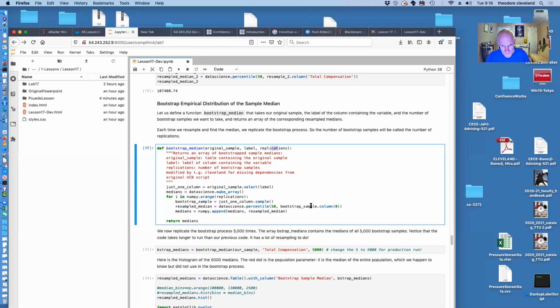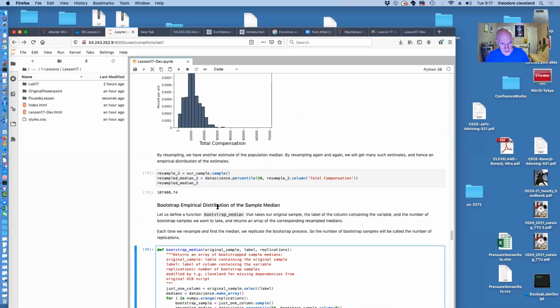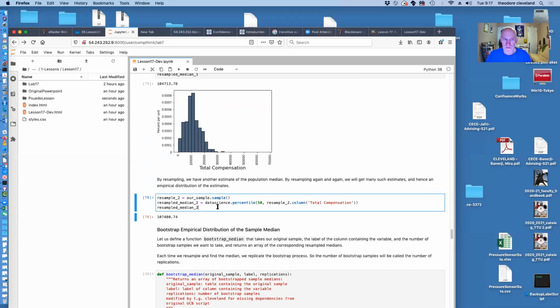And then in bootstrap, we'll take the 0th column, we'll find the 50th percentile of that, and we'll assign it to a value called resample median. And then we're going to assign resample medians to the variable medians by appending it to itself, and then we return the value. So all this does is it does this thing as many times as we tell it, and it keeps track of our counting scheme.